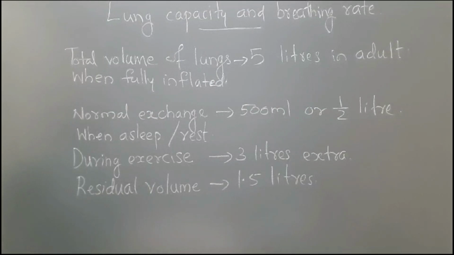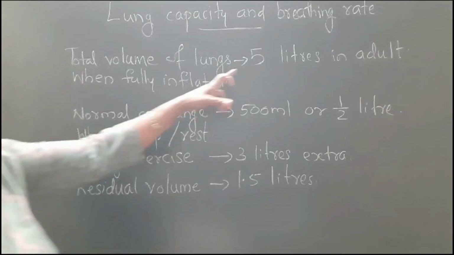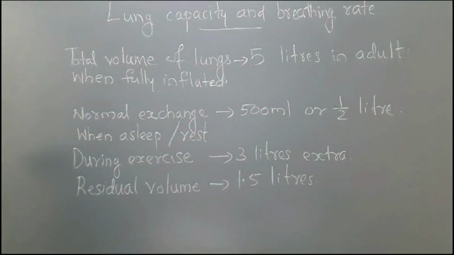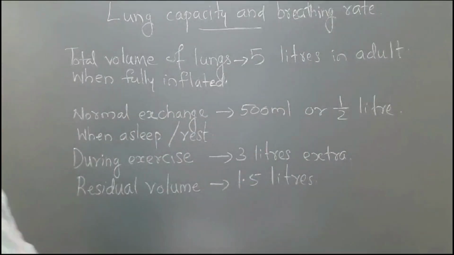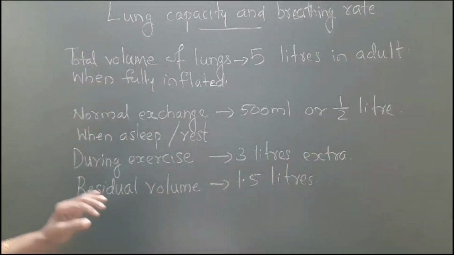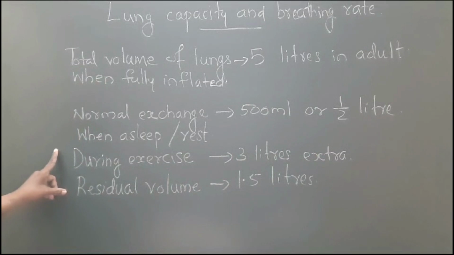Let's see what our lung capacity is. The total volume of the lungs when fully inflated is 5 liters in an adult. Normally, when we are sleeping or resting, we exchange 500 ml of air, or half a liter.